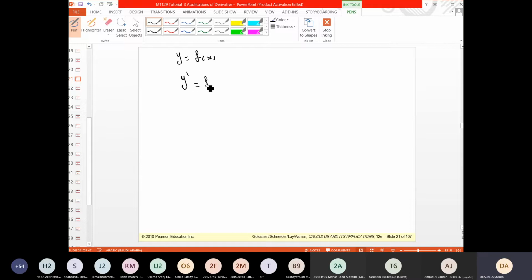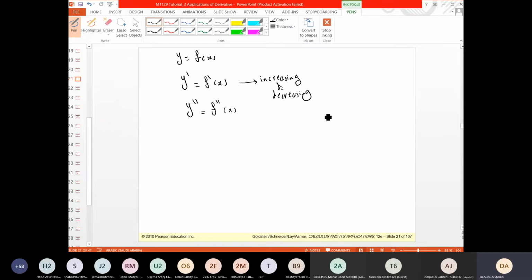y dash equal to f dash of x, and you find the second derivative of the function, y double dash, which is f double dash of x. To study the increasing and the decreasing of the function, I use the f dash of x.